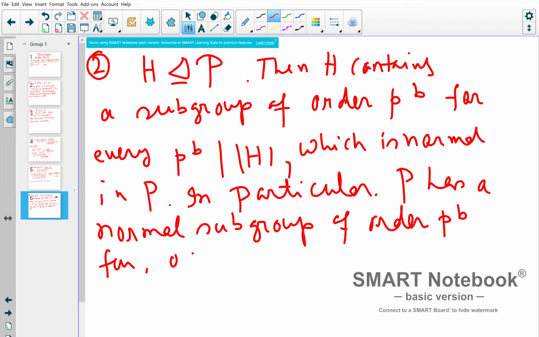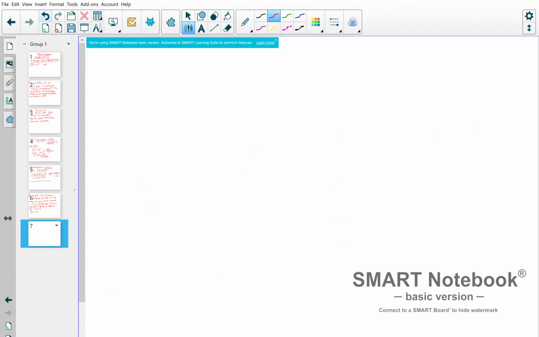For 0 less than or equal to b less than or equal to say a. Remember the order of P, I assume that this is some prime power p power a. Okay, so the proof is by induction. A similar proof we used to prove Sylow's theorem. Remember, similarly we can prove it. I will just give you the sketch of the proof. I think you can prove it later.